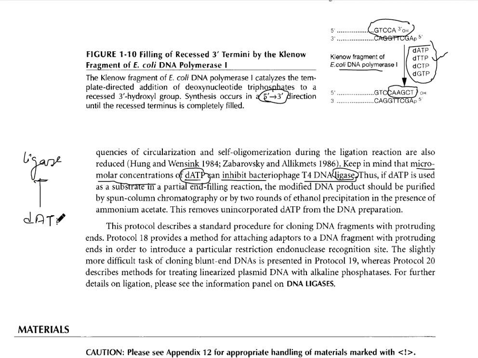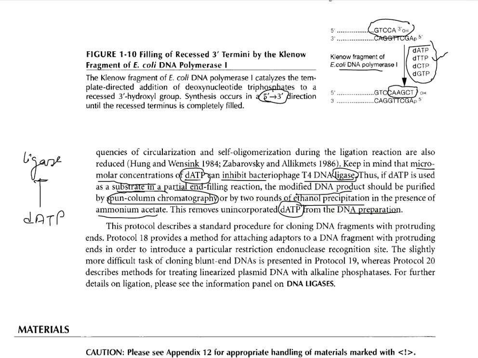If dATP is used as a substrate here for partial filling, the modified DNA product should be purified by spun column chromatography or by 2 rounds of ethanol precipitation in presence of ammonium acetate. This will remove all the dATP from the DNA precipitation. You have to remove dATP from the reaction, otherwise ligase would be inhibited. So this is a very sensitive reaction, right?